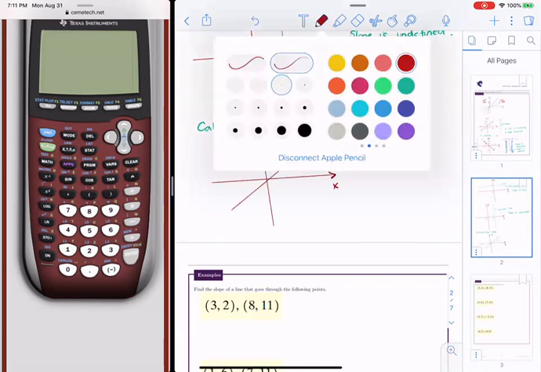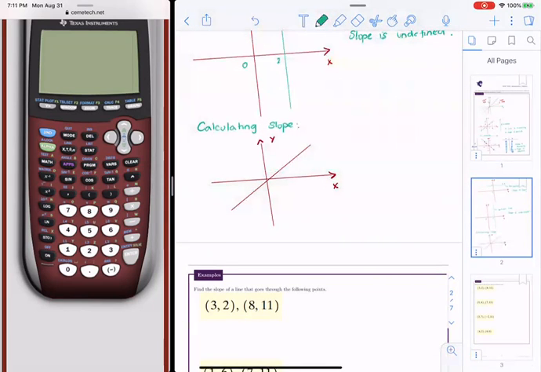So all we have to do is pick 2 points on the x-axis. We'll call them x1, x2, and 2 points on the y-axis, y1, y2.